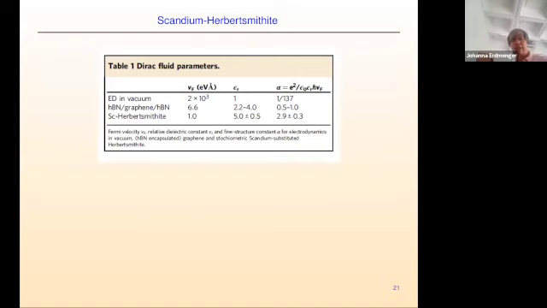Okay, and then our colleagues in condensed matter calculated the Fermi velocity, the permeability, and the effective coupling constant. And the upshot is that in this putative new material called scandium Herbert-Smithite, the coupling would be 2.9, roughly 3, say. And in graphene, the coupling is 1.